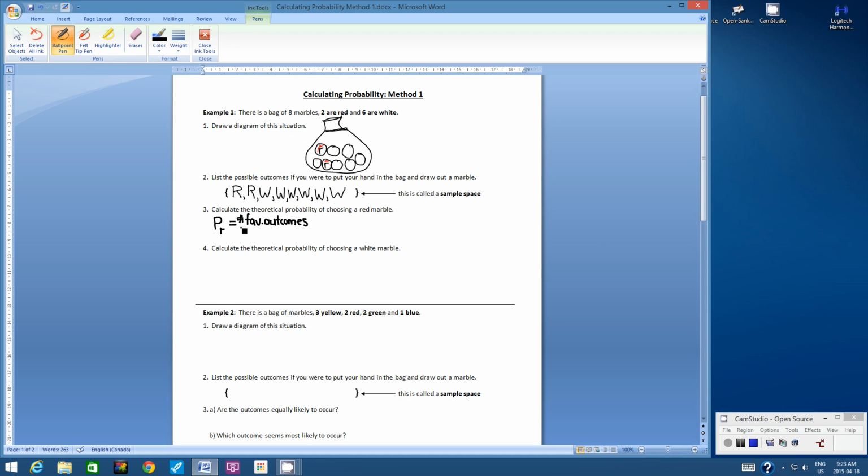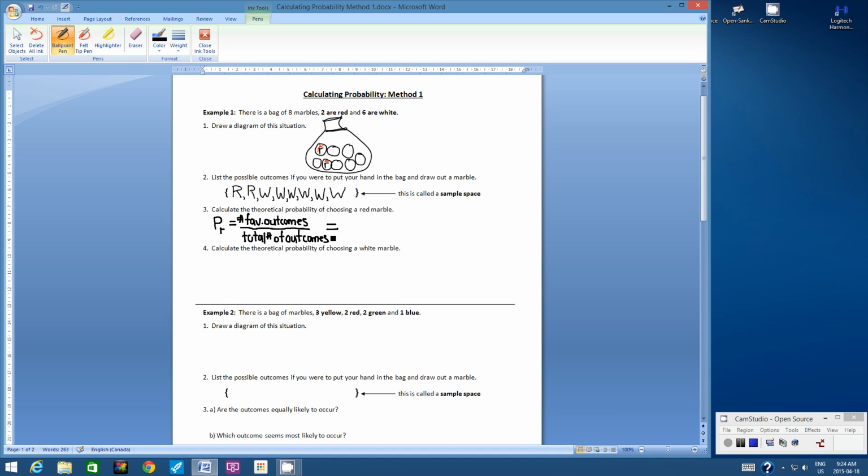Okay, and then we have our fraction line over total number of outcomes. Okay, now we don't have to write this formula out every time. I just want you to write it out for the first couple times so you can memorize it.